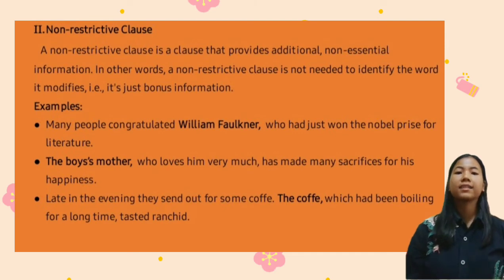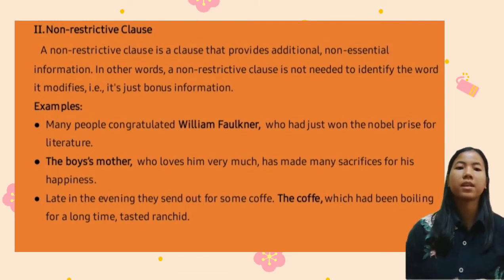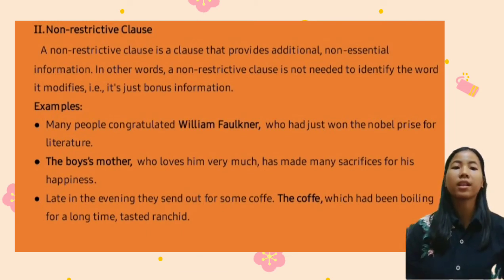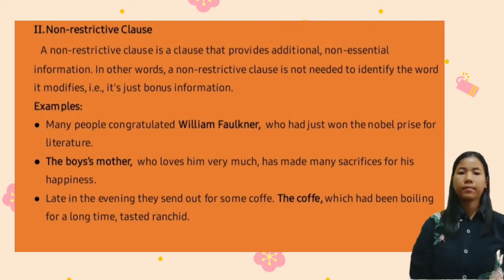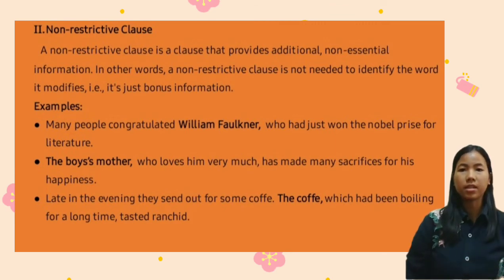Next, late in the evening they sent out for some coffee. The coffee, which had been boiling for a long time, tasted wretched. This antecedent is restricted by the preceding content. The conclusion: a non-restrictive clause uses commas to indicate that the information conveyed by this clause is additional information.